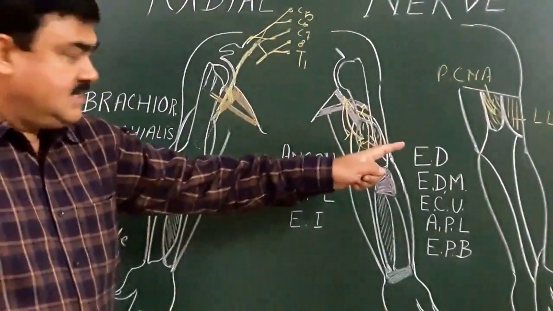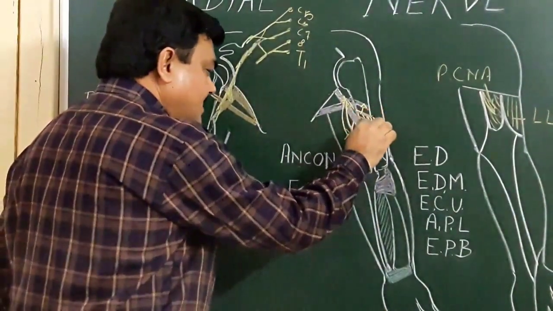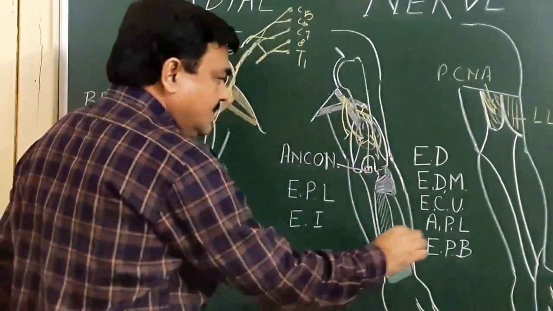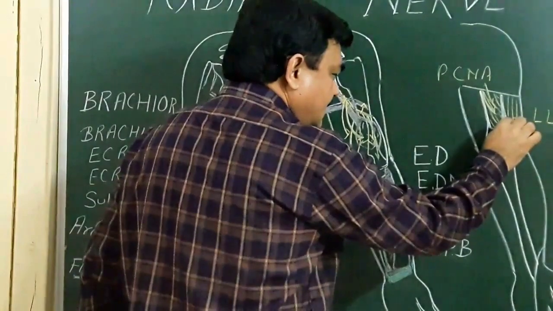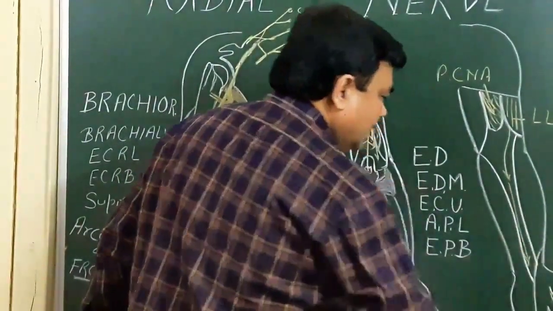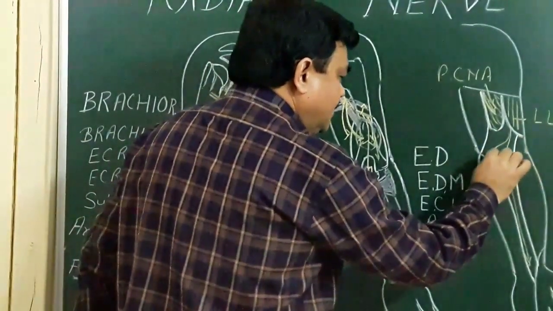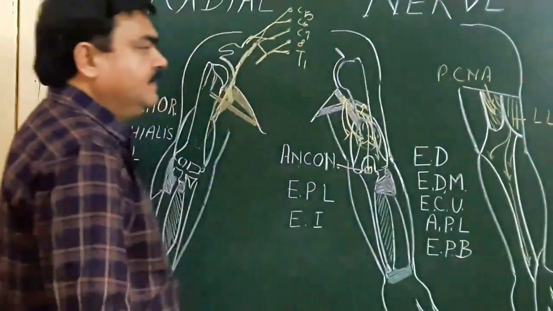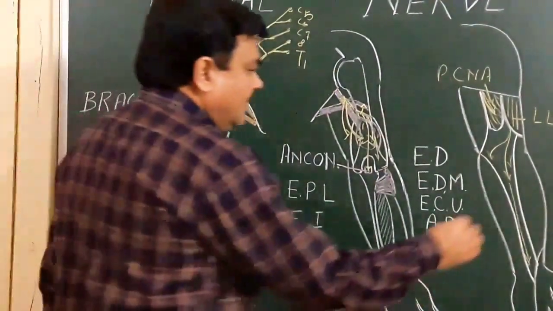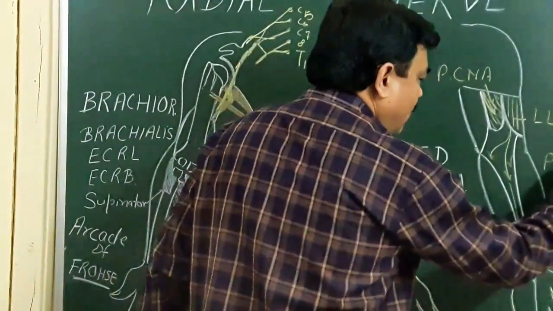And another cutaneous branch runs like this and supplies the posterior aspect of the forearm. This is the posterior cutaneous nerve of the forearm.